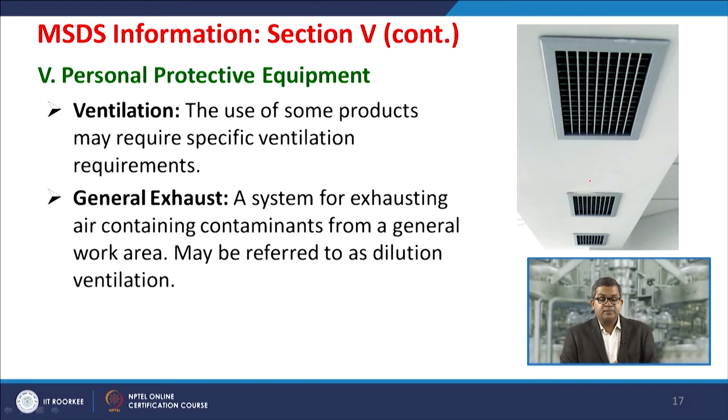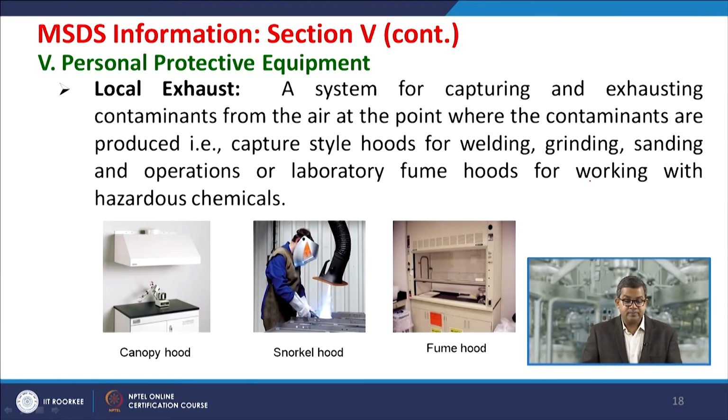General exhaust is usually a system of exhausting air containing contaminants from a general work area. This may be referred to as dilution ventilation. The local exhaust is a system of capturing and exhausting contaminants from air at the point where the contaminants are produced.